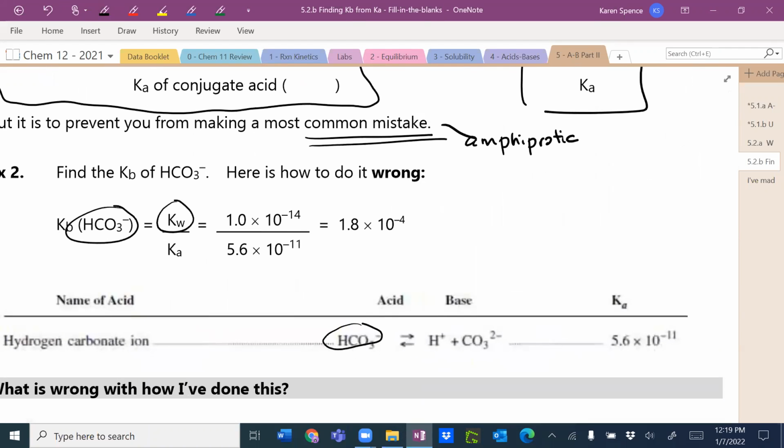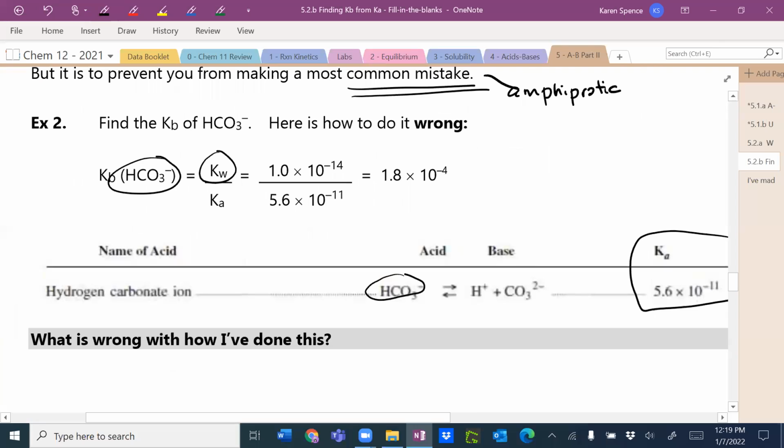And I look up and I say, oh, look, my Ka is 5.6 times 10 to the negative 11. And do the division, and I get 1.8 times 10 to the minus 4. And don't you know it, this is a multiple choice question, and that is one of the answers. And that is wrong.